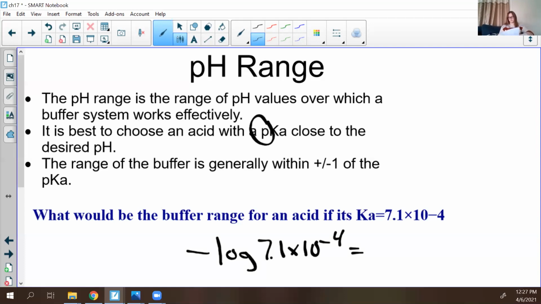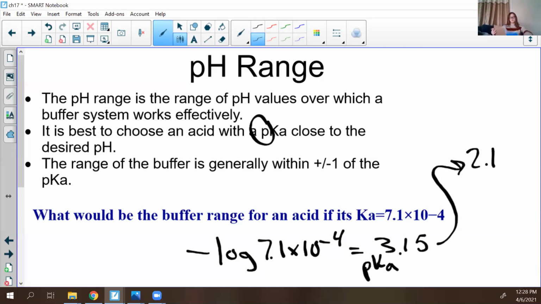Negative log. So if we take the negative log of 7.1 times 10 to the -4, we get 3.15. All right, so that's the pKa, which means the pH range where this would be effective is around 2.15 to 4.15. Where do those numbers come from?